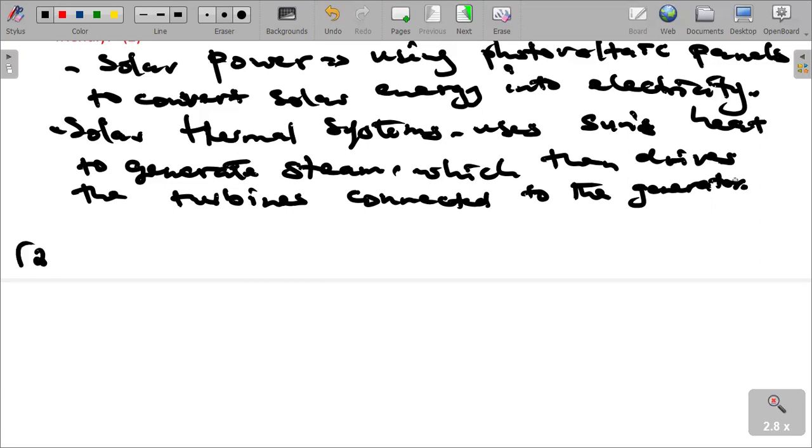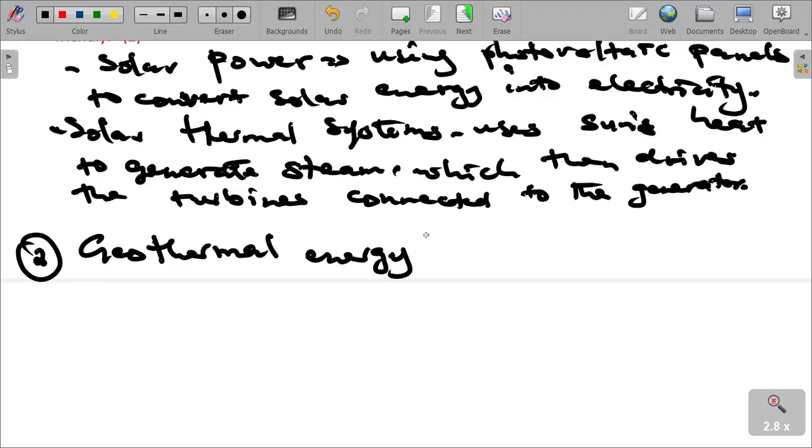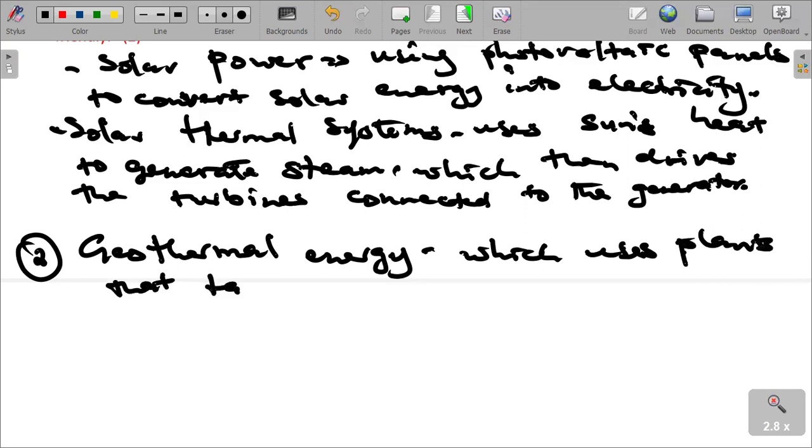Number two, we can also use geothermal energy, which is actually geothermal plants that tap into the ground's thermal heat energy.